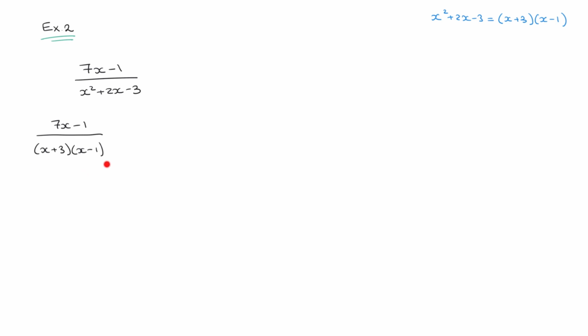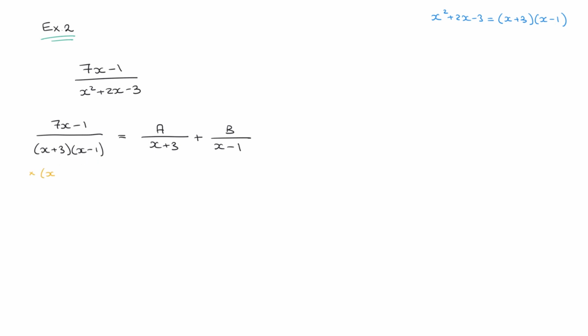Now, just as we did in the previous example, we'll go ahead and state that that's equal to some number a over x plus 3 plus another number b over x minus 1. Next, we multiply both sides of this equation by the product (x plus 3) times (x minus 1), and I'll quickly write that.